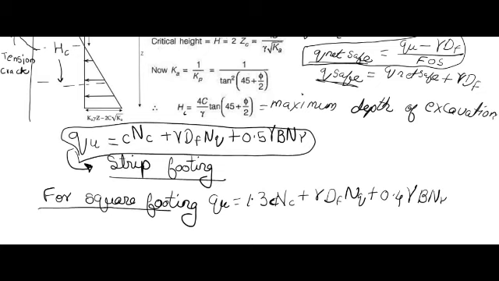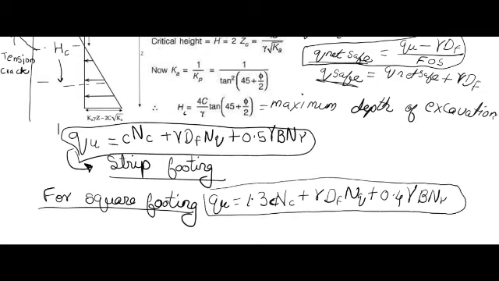For square footing, the ultimate bearing capacity is given as 1.3 cNc plus gamma Df Nq plus 0.4 gamma B N gamma. These are the expressions we are given.